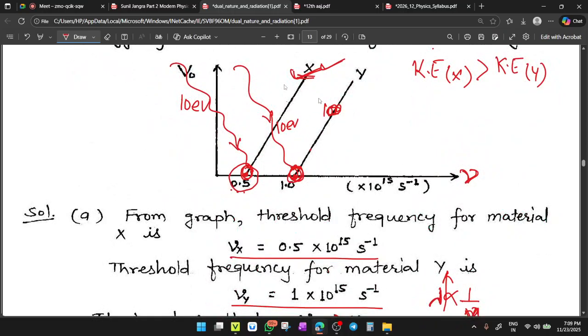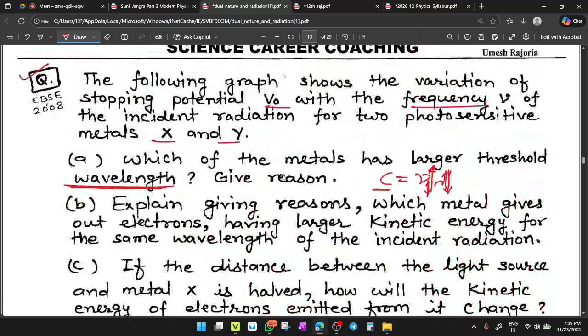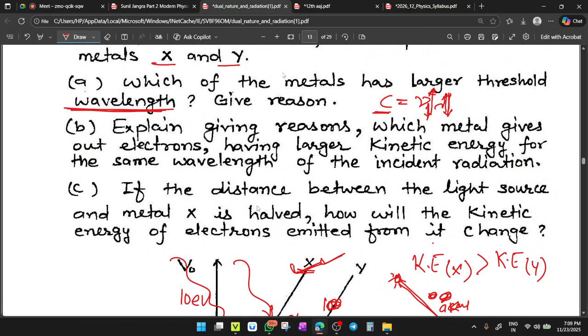Previously there is a metal like this, metal X. Previously the distance is, suppose, A kilometer, and now we have reduced it to A by 2. The question is, if the distance between the light source and metal X is halved, how will the kinetic energy of the electrons emitted change?